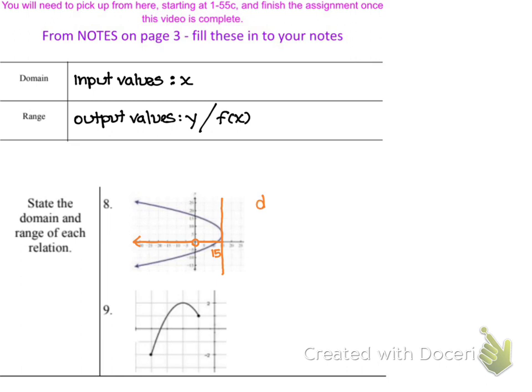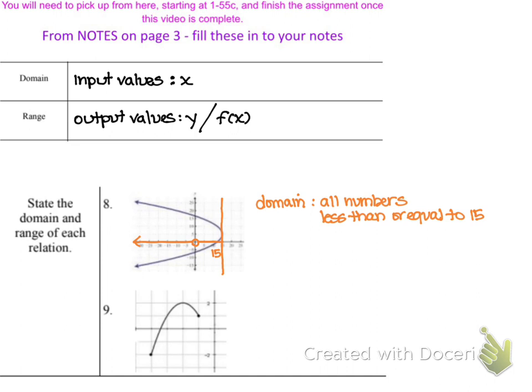So let's do domain. Looks like all numbers less than or equal to 15, and 15 was the biggest number here. So that's going to be our maximum.